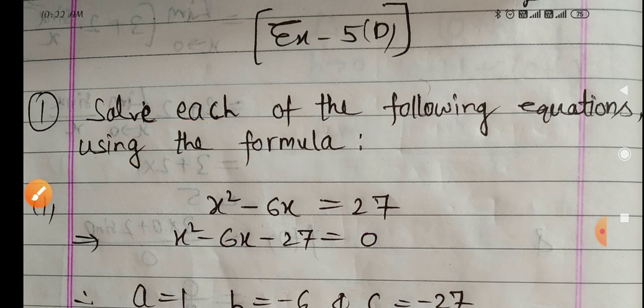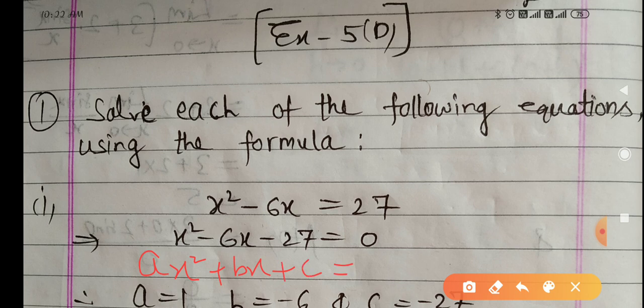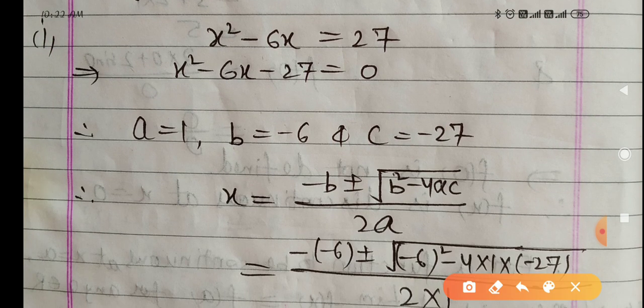I am writing here one more time: ax square plus bx plus c equals 0. In place of a, 1 is written. In place of b, minus 6 is written. In place of c, minus 27 is written. So that's why I have taken a equals 1, b equals minus 6 and c equals minus 27.